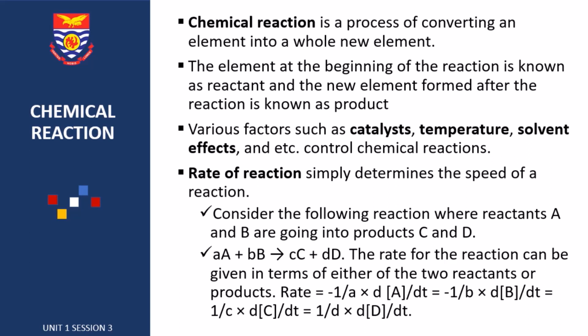So let's consider the following reaction, where reactants A and B are going into products C and D. So you have reactants A and B going into the products C and D. Now the A, B, C, and D that are in smaller letters attached to the uppercase letters A, B, C, and D, they are the coefficients of the reactants, and we shall see the effects that they will have on the rate of the reaction.